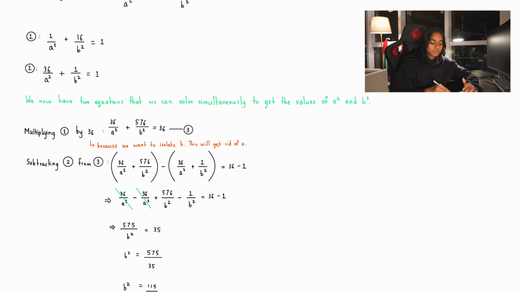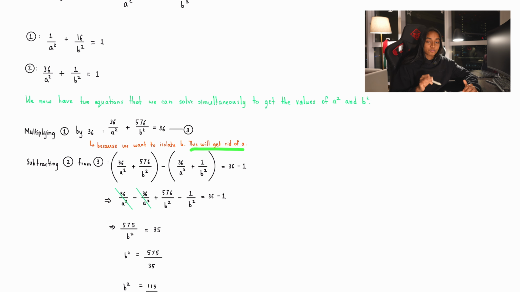Okay, so we have the two equations that we can solve simultaneously to get the values of a squared and b squared. As you are all familiar with the methods of elimination and substitution, in this case, we're going to try to eliminate one of the values. So we're going to multiply equation 1 by 36 because we want to isolate b.